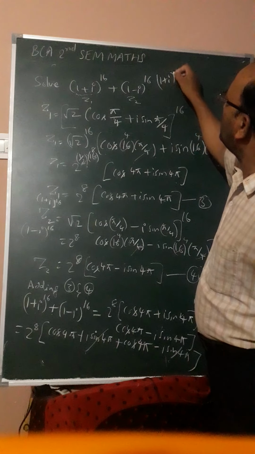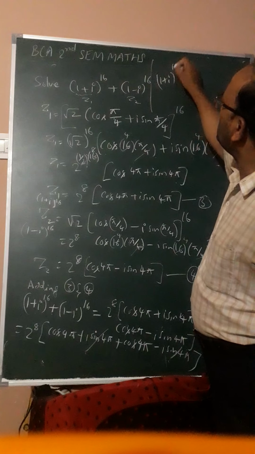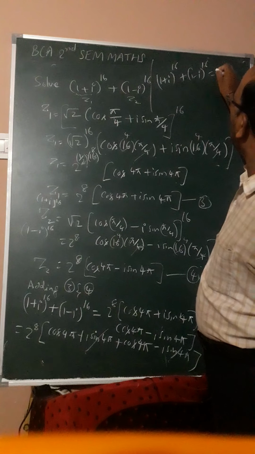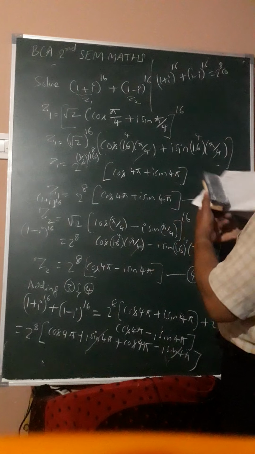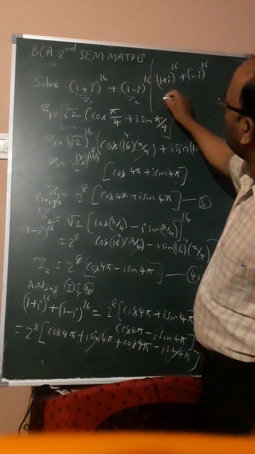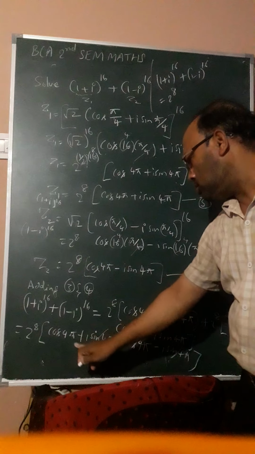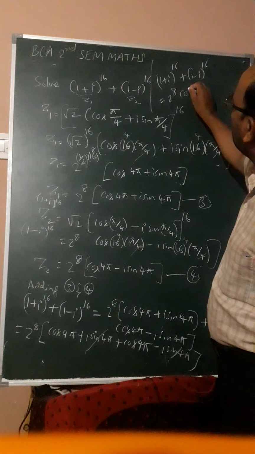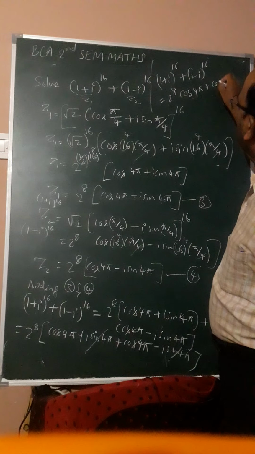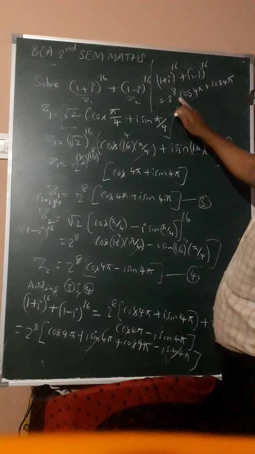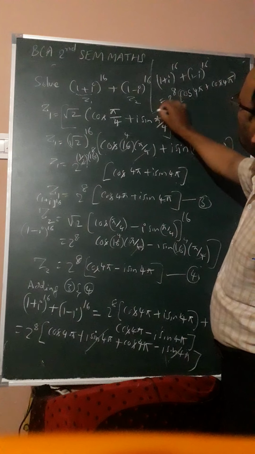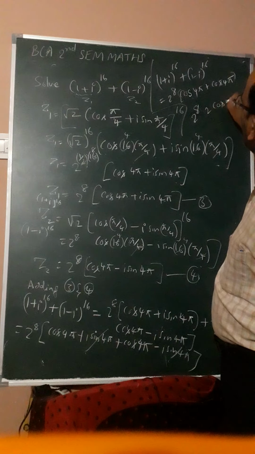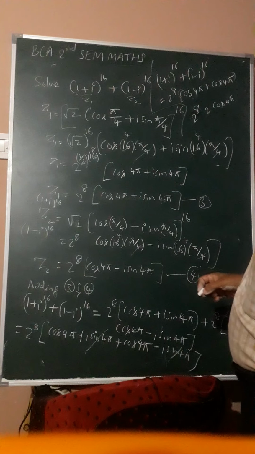So 1 plus i to the power of 16 plus 1 minus i to the power of 16 is equal to 2 to the power of 8 times 2 cos 4 pi.